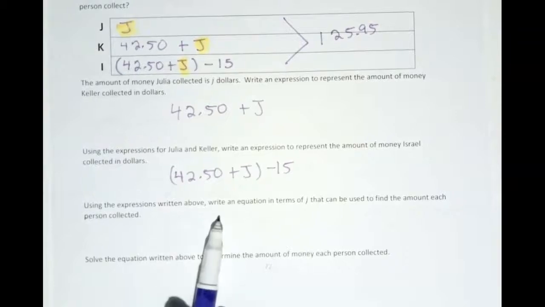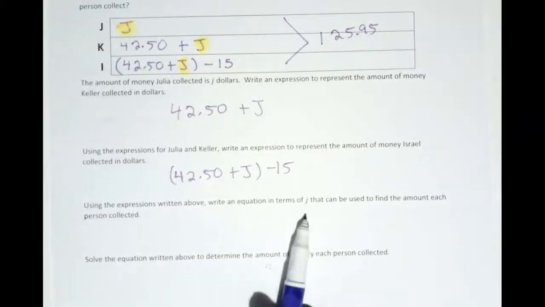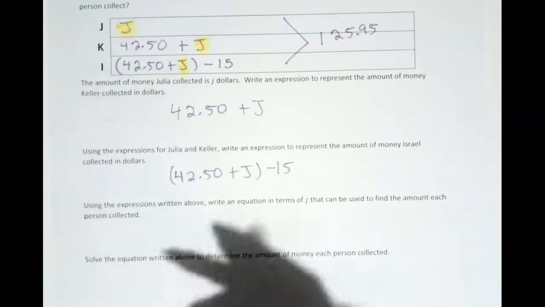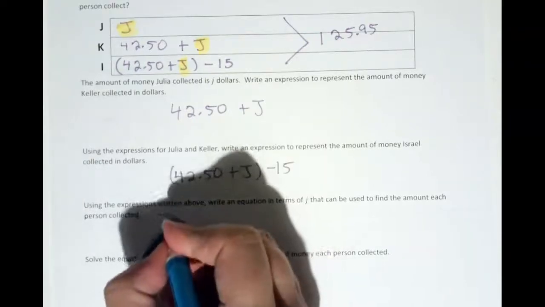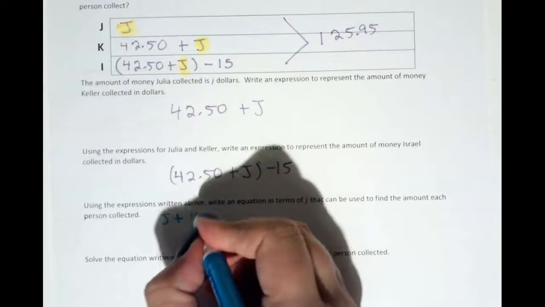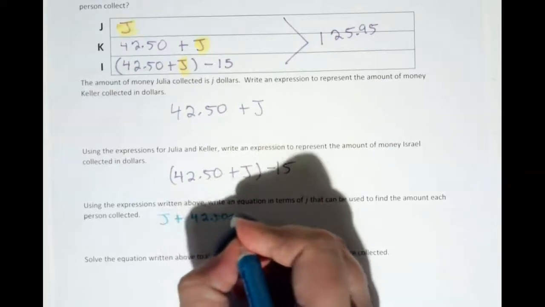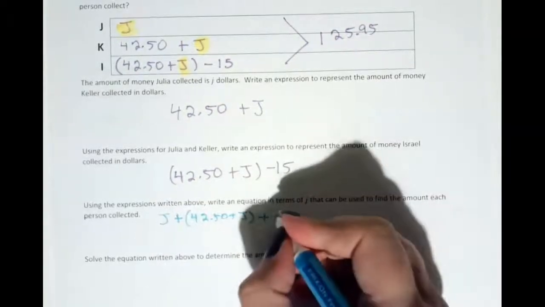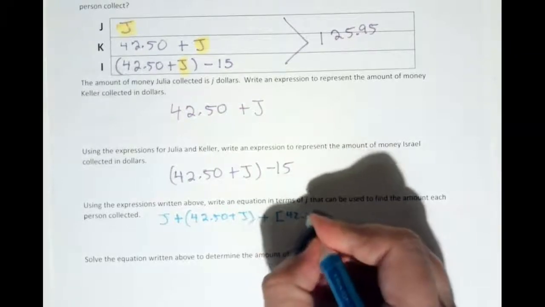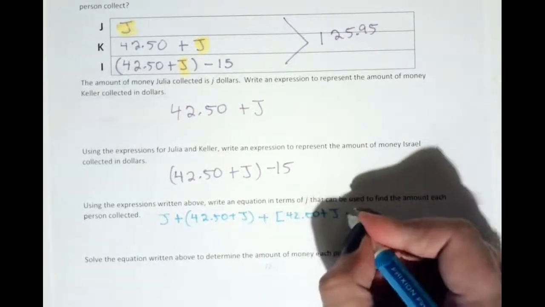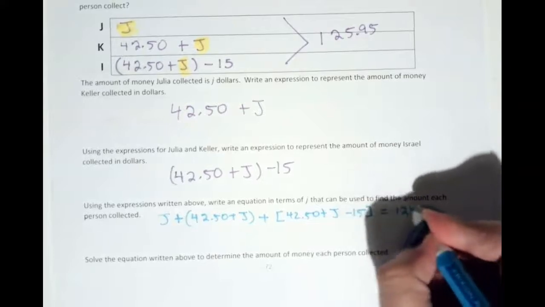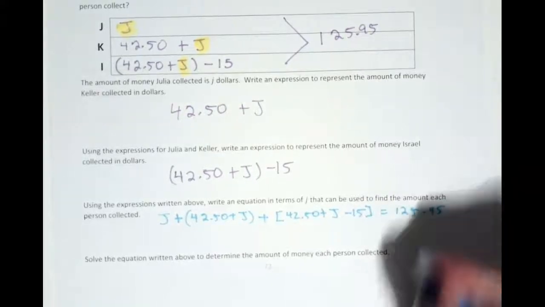Using the expressions written above, write an equation in terms of J that could be used to find the amount each person collected. So all together, that would be Julia plus Keller plus Israel is $125.95.